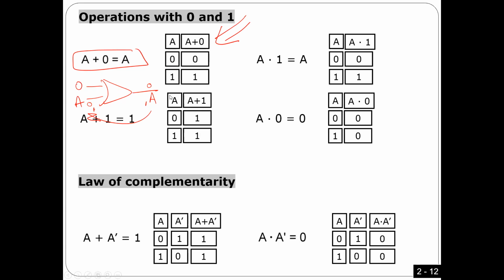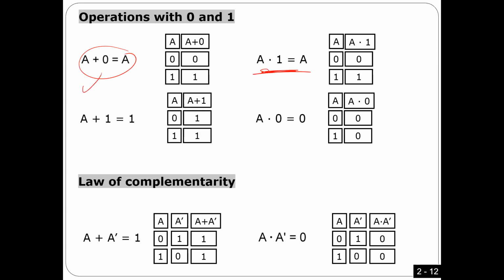If A is 1, I'm going to get 1. Here is a truth table to convince you. So A or 0, I'm going to get A. If you want to make a similarity with normal algebra, x plus 0 is x, but I don't want to confuse you. Here we don't do addition, we do logic OR.